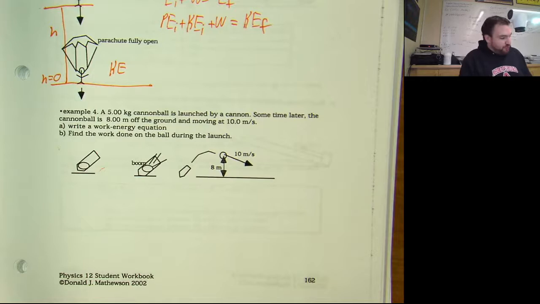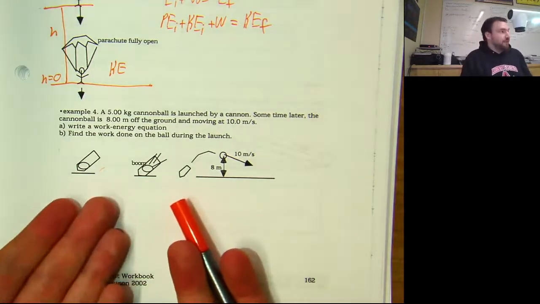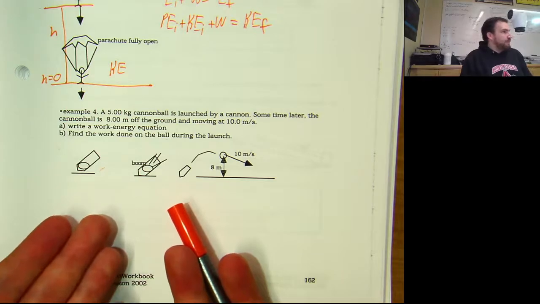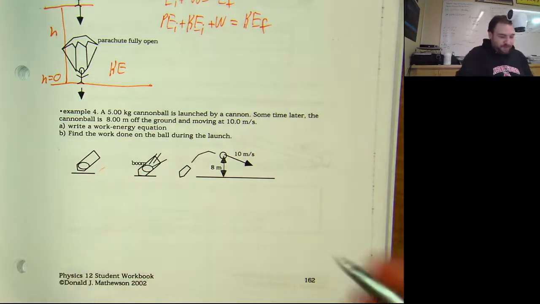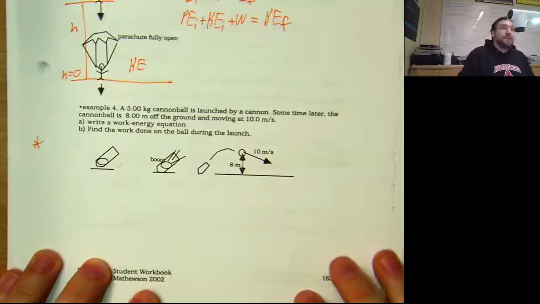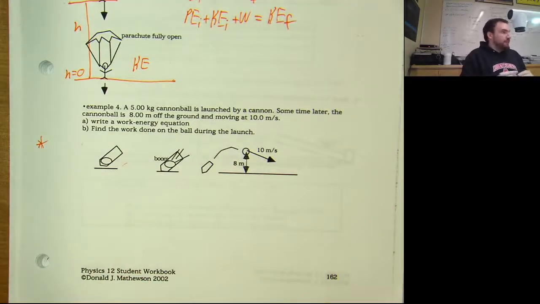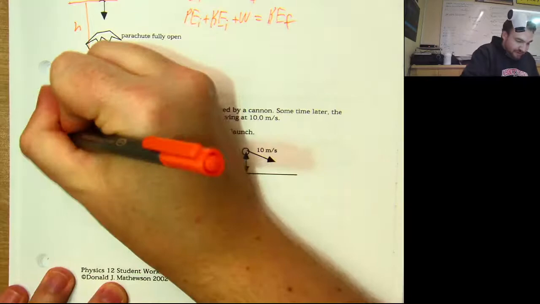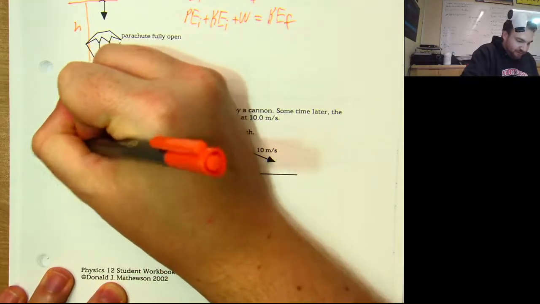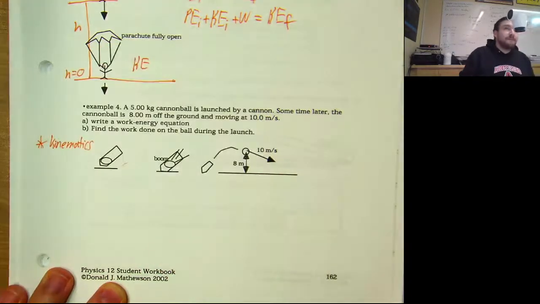There are 2 ways to approach this problem. This problem looks an awful lot like what other kind of problem? A projectile motion problem. So if this is a projectile motion problem, we could do what? Or we could use what? Kinematics is always an option.